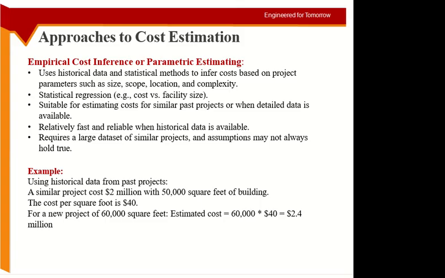So from the historical data you take an average rate and then you multiply this average rate with the parameter of your project. This is the cost inference, empirical cost inference method, or the parametric estimating method. This is what we can use at the conceptual stage. So you can see I don't need any detailed design here. Okay, so this is at the conceptual stage.